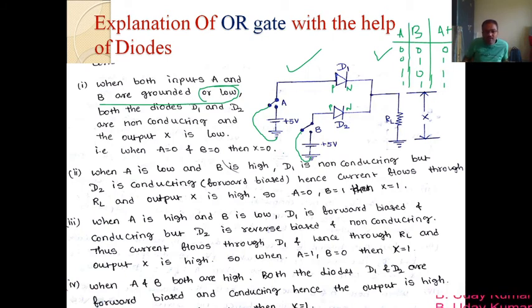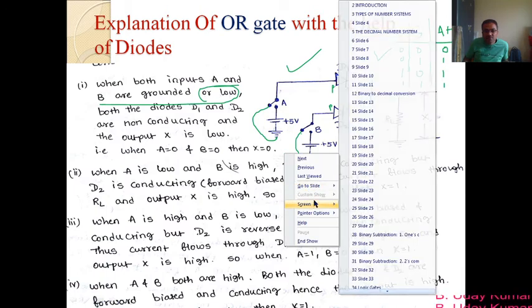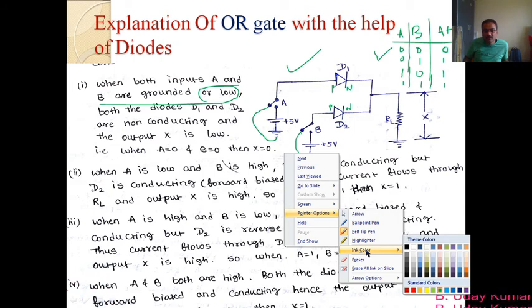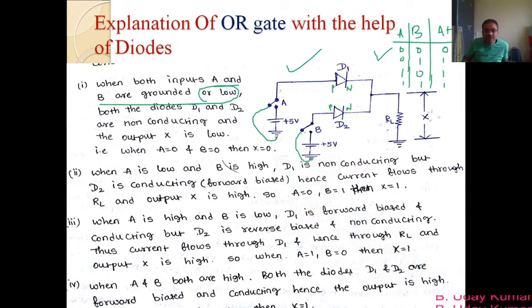Let me take another ink mark to explain this option. So forget about this one now. When A is low, that is already drawn here. That means A is 0 and B is 1. So this condition.